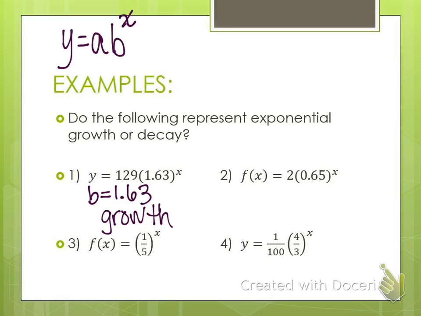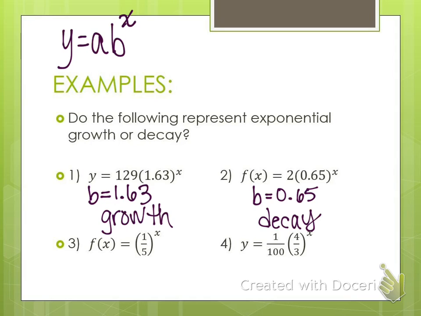On number 2, who can raise their hand and tell me the b? 0.65. Okay, on this one, b is 0.65. After the comment I made at the end of number 1, hopefully we realize that this one is decay. This is a fraction less than 1.